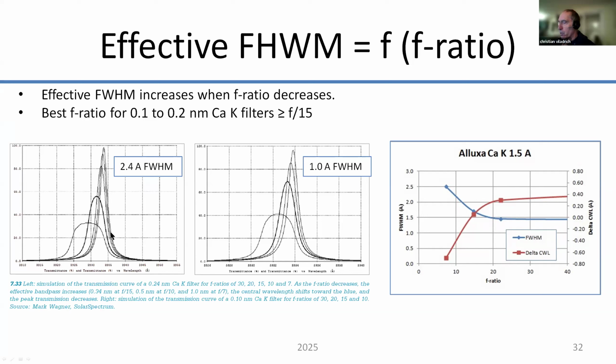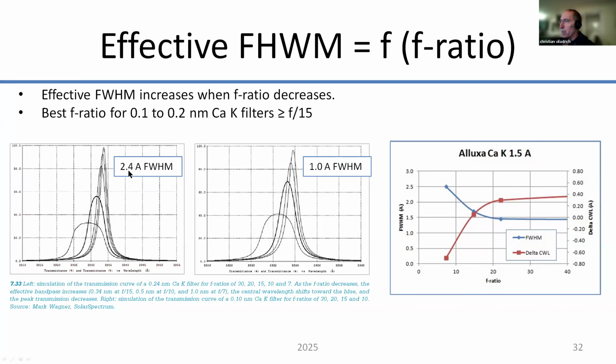And when the F ratio decreases, you can see that the peak of transmission decreases and the bandpass increases. Here we have an F ratio of 7 and the bandpass becomes 10 angstrom.